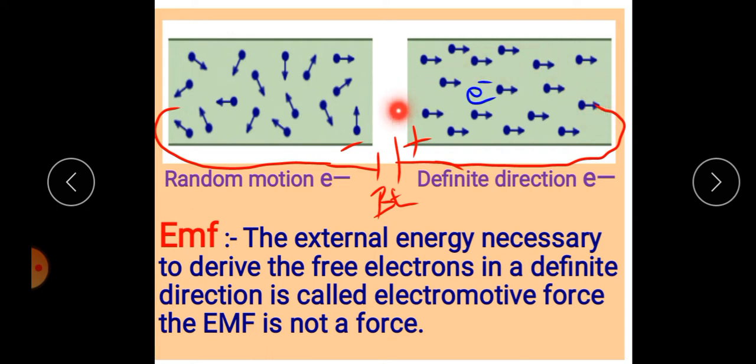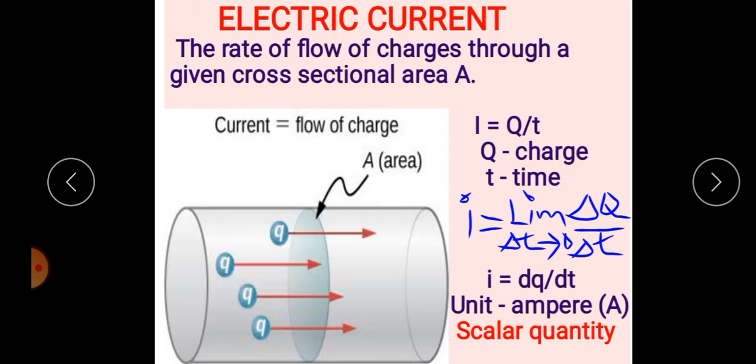The flow of free electrons in a conductor constitutes electric current. Are you clear? This is electric current. Now, what is electric current? Electric current is defined as the rate of flow of charge through the given cross-sectional area of the conductor.